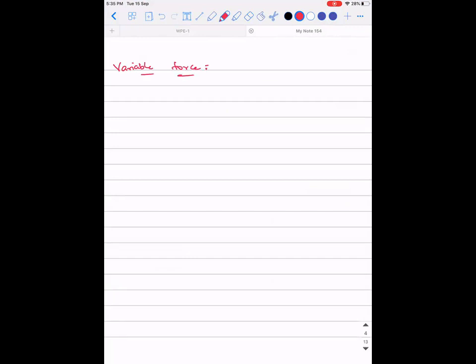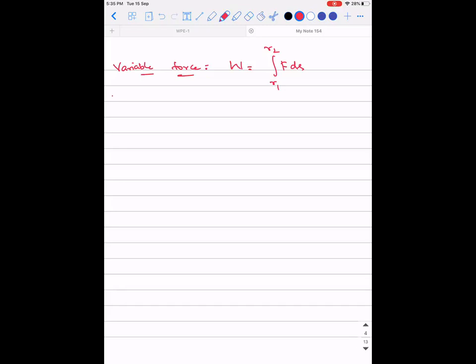For variable force, what formula are we going to use? Work done is equal to the integral of F vector dot dr, or we can write it as integral of F dx from r1 to r2. You can take it as dx or F ds. I think this is the formula I gave you, right?